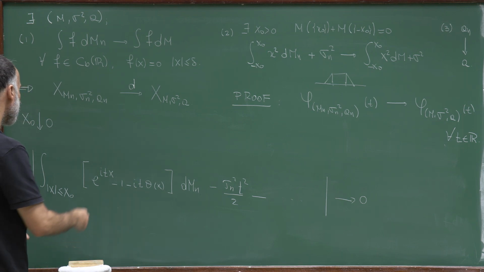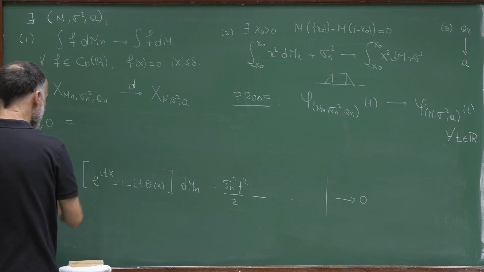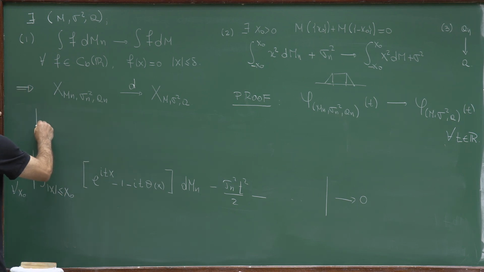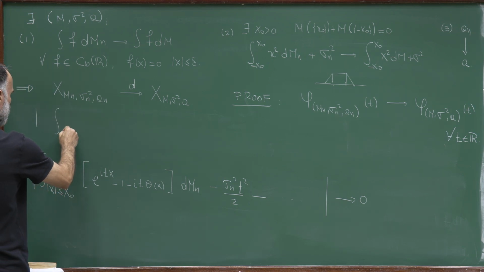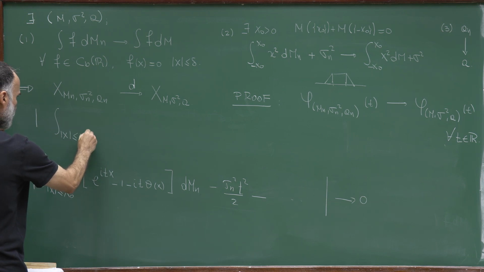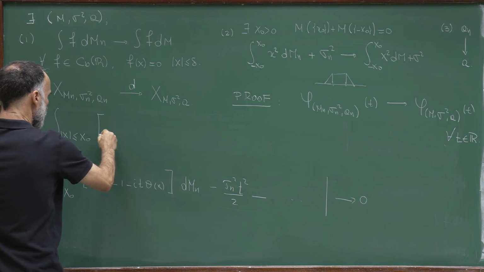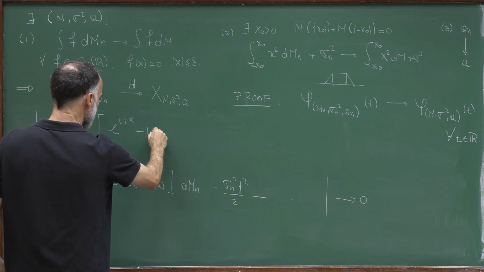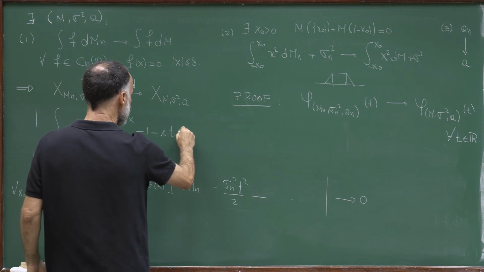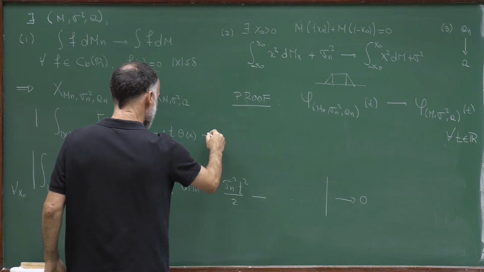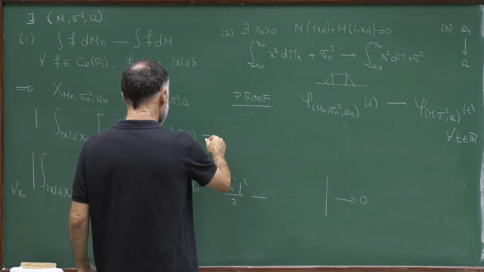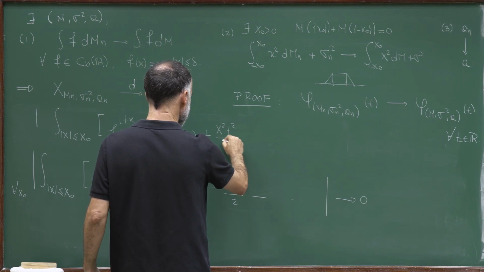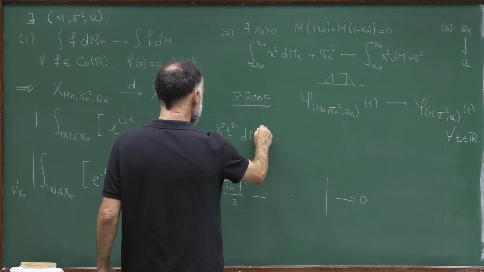So what I will do is to rewrite this difference as the integral over x smaller than x0 of exponential i t x minus 1 minus i t theta x, plus sigma square t squared divided by 2, dmn.